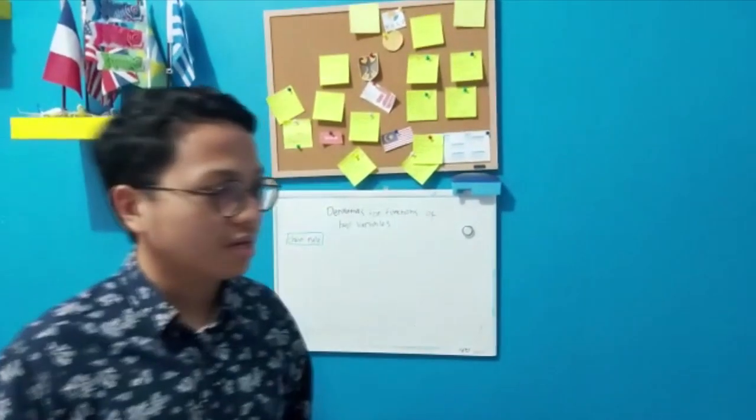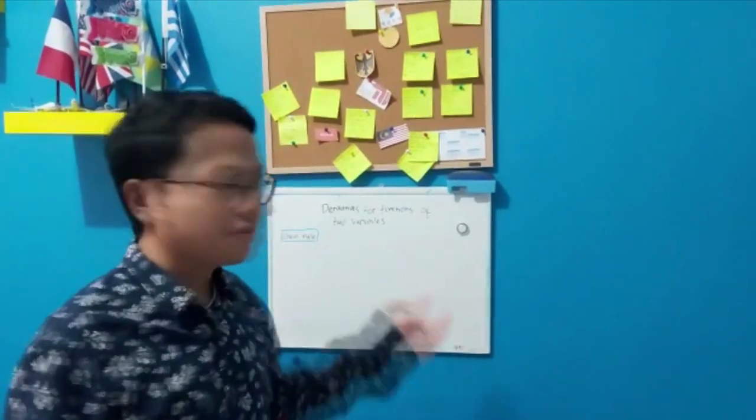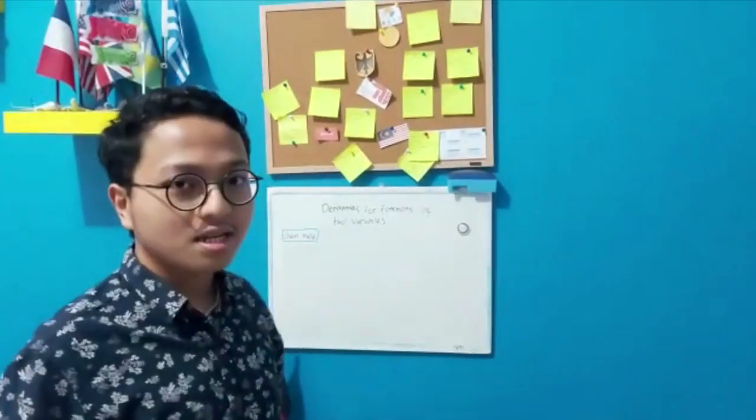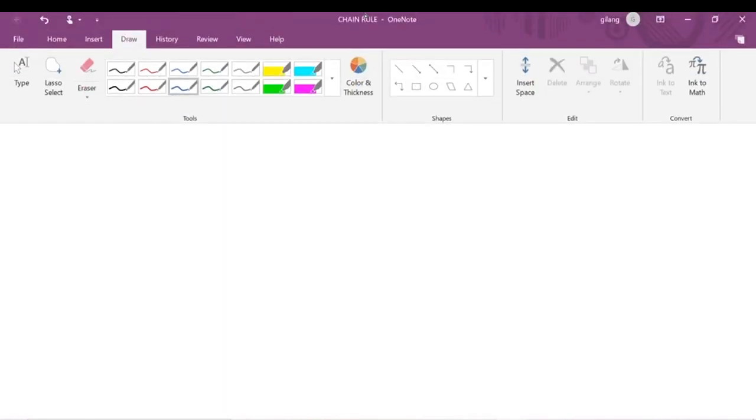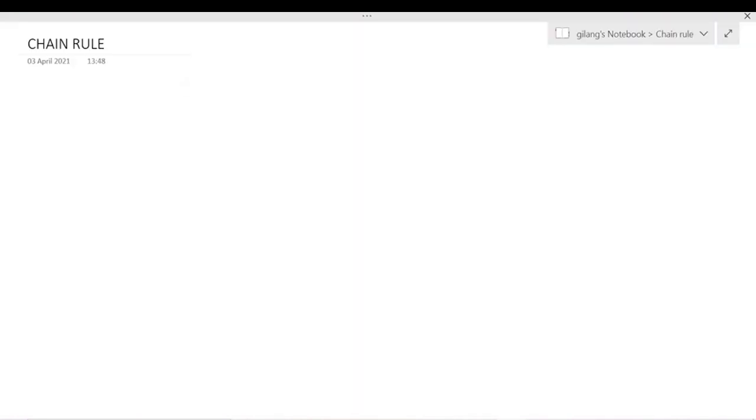Assalamualaikum warahmatullahi wabarakatuh. My name is Gilang Yahya Nakshabandi and my student ID is 2006606492 from group 6, and I'm going to explain the derivative for functions of two variables, and the subtopic is the chain rule. I'm going to explain the chain rule from the derivative for two or more variables, using the first theorem of the chain rule.